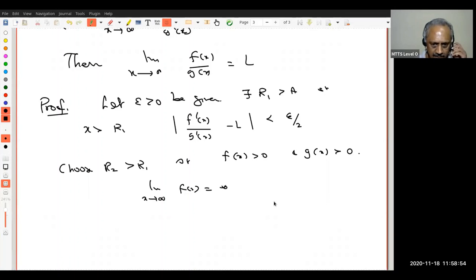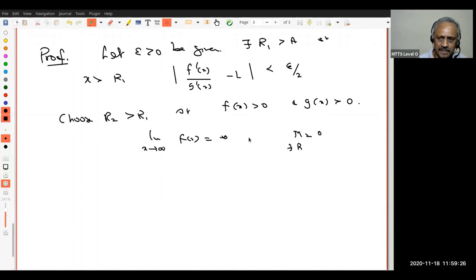Anyway, since limit as x tends to infinity of f(x) equal to infinity, given M equal to 0, I know there exists some R, so I can also say R2, which is greater than R1, so that f(x) is greater than 0. And similarly, there is another R so that g(x) will also be greater than 0. So choose the maximum. So make sure that R2 is greater than R1. Do you understand this? Okay, you should not struggle with this kind of thing. Unfortunately, students tend to have problems with basic inequalities.